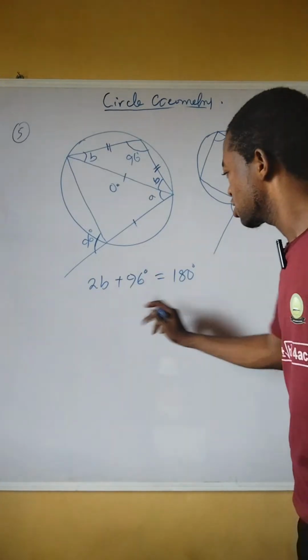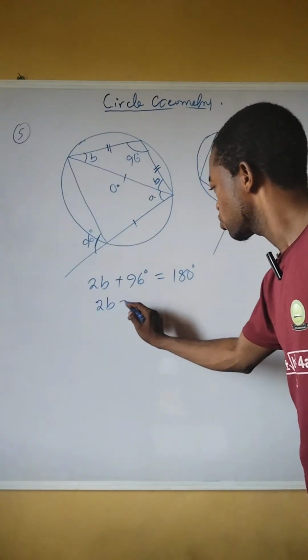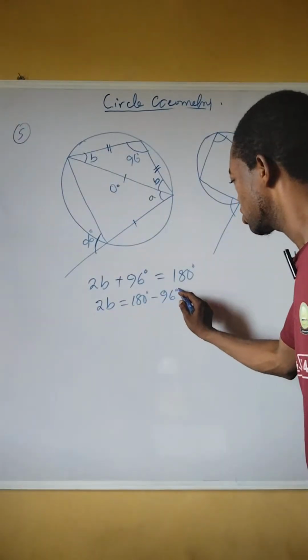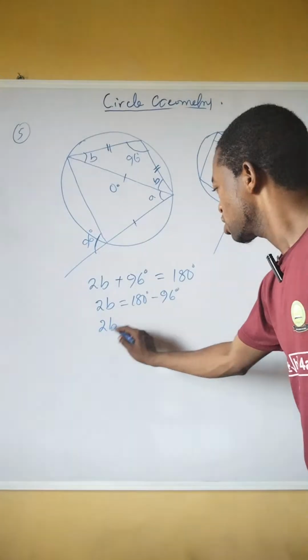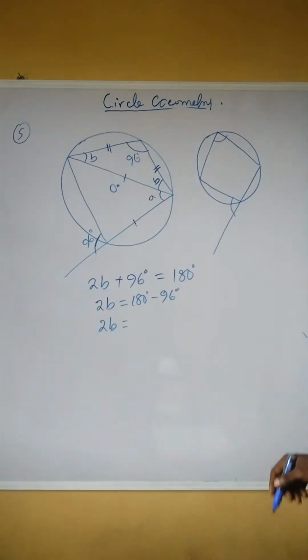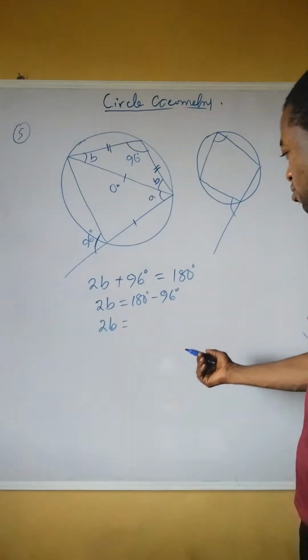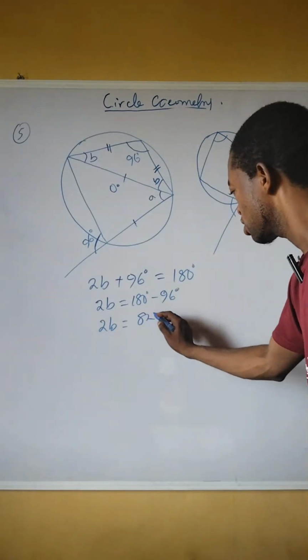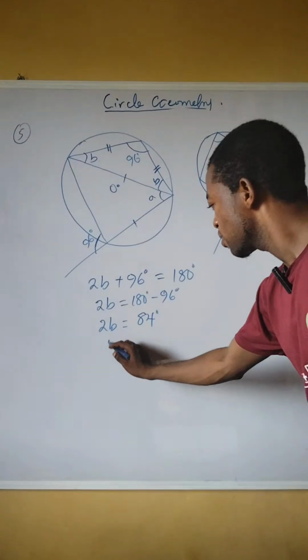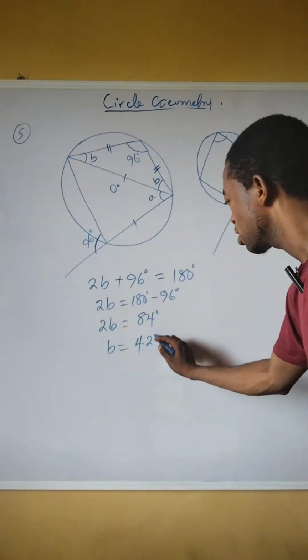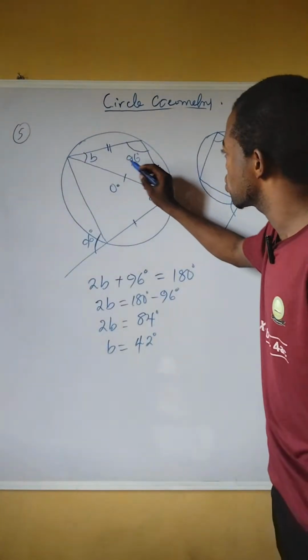So just take 96 here and say 2B equals 180 degrees minus 96 degrees. That means 2B equals, that should be 84, right? So we have 84 degrees. Now, what happened? Divide both sides by 2. B is now equal to 42. Okay?